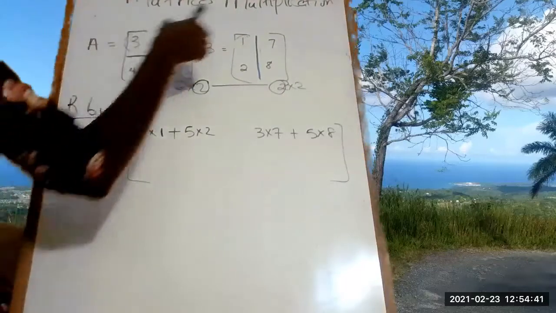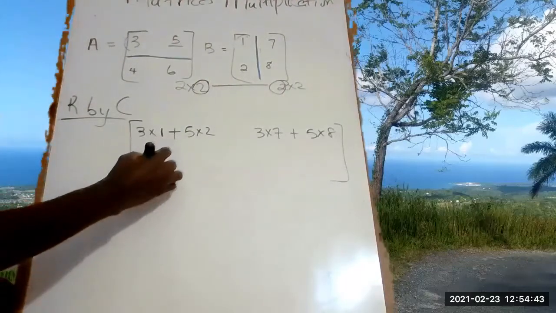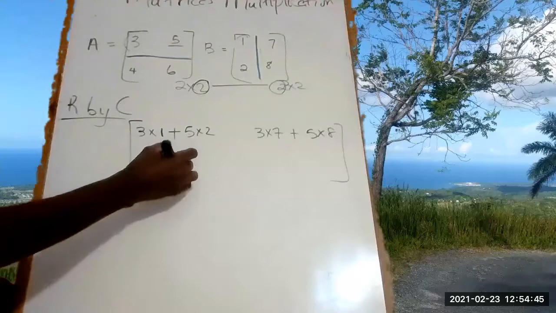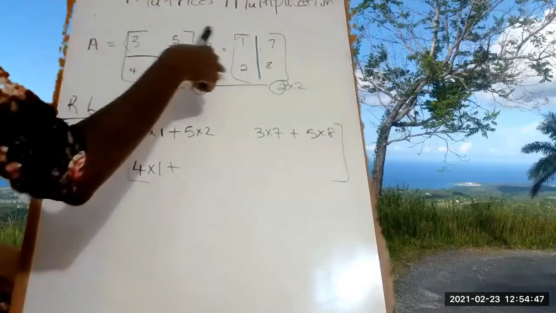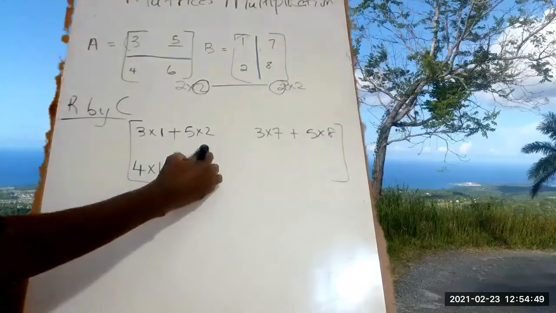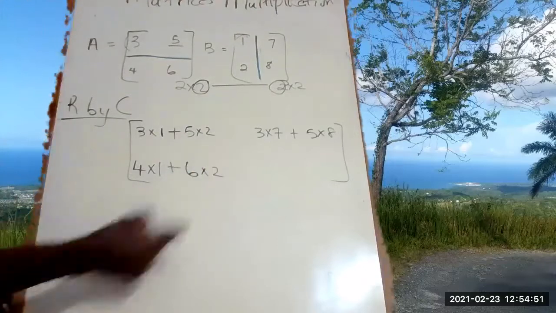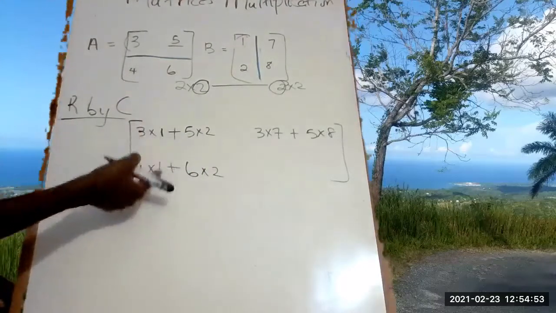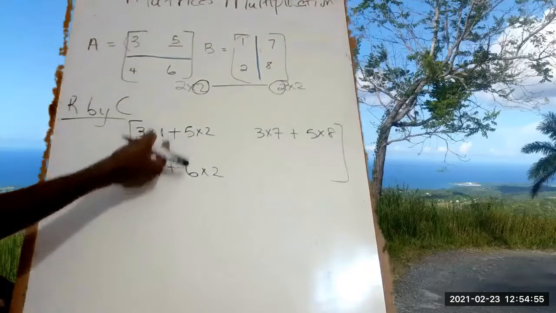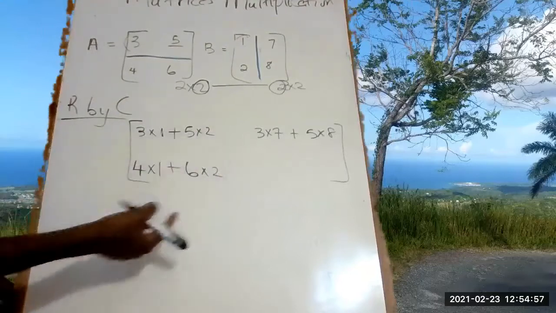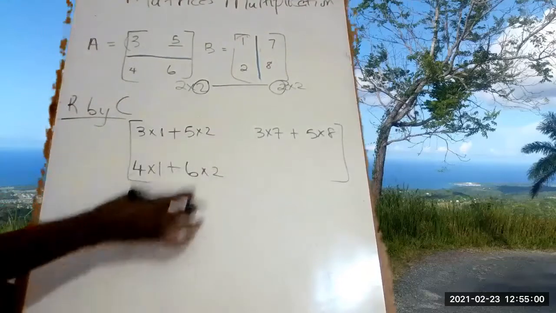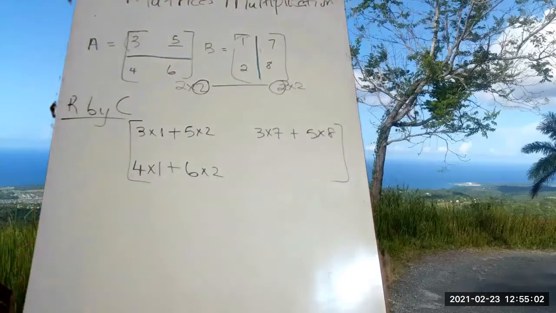So it's going to be 4 multiplied by 1 plus 6 multiplied by 2. So notice here you have 1 times 1, 2 times 2. If your numbers are not lining up, that means something is out of place.